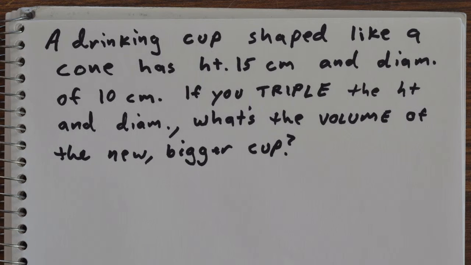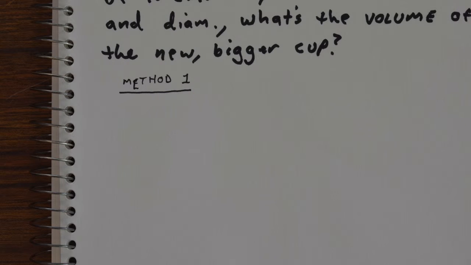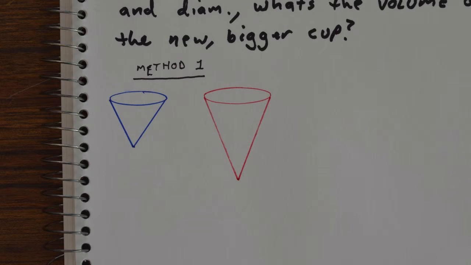Let's say we have a cone-shaped drinking cup, and it is currently 15 centimeters tall with a diameter of 10 centimeters. If we triple the height and diameter, what will be the volume of the new, bigger cup? We'll walk through two different ways to solve this problem. So the first method is just figure out what that bigger cup looks like. We have our smaller cup and our bigger cup.